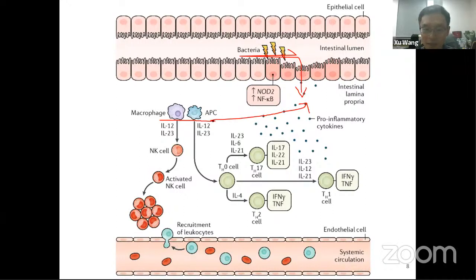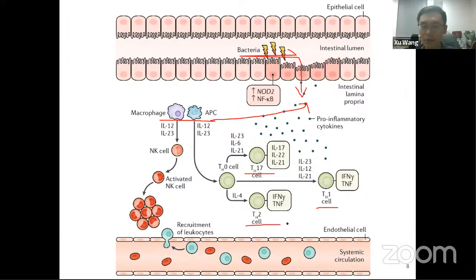But if they cannot achieve this, then this will trigger a compensatory adaptive immune reaction mediated by T cells, for example Th1 cells, Th17 cells, and Th2 cells.